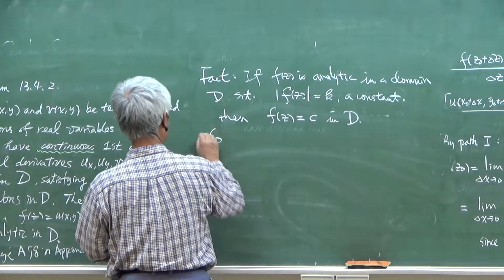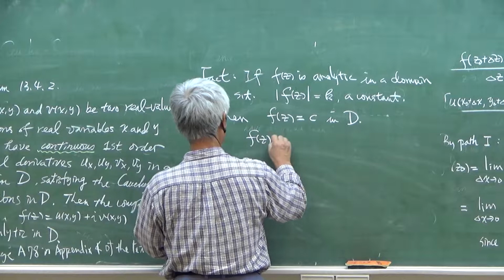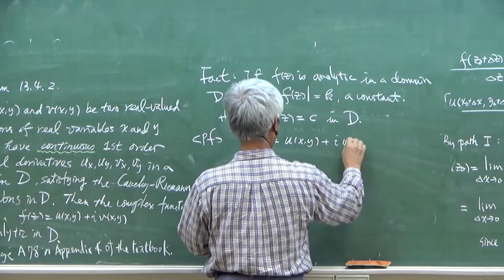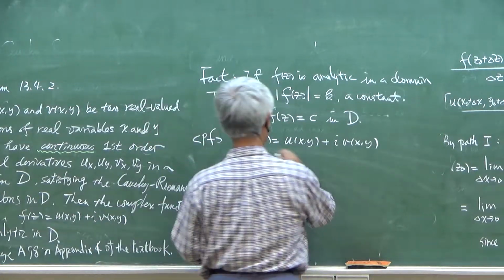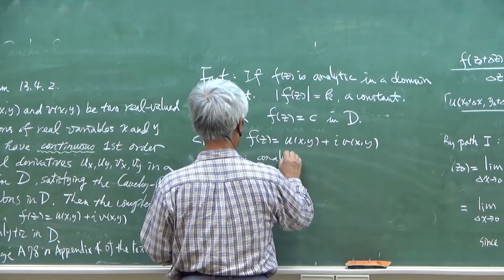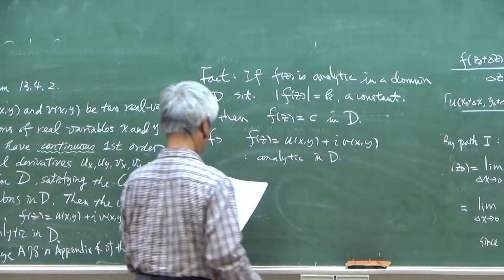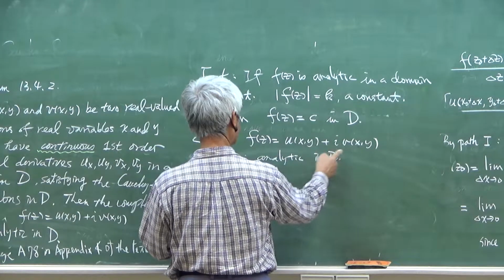So the proof is that, suppose we express the analytic function, which is analytic, as f equals u plus iv.